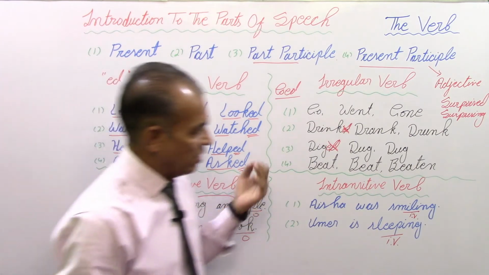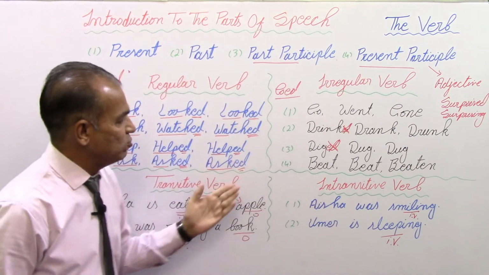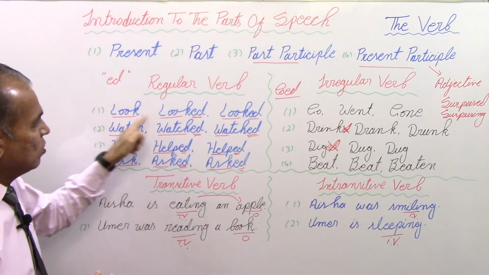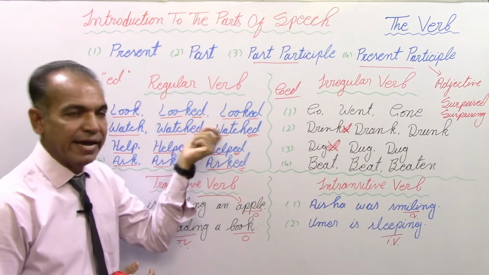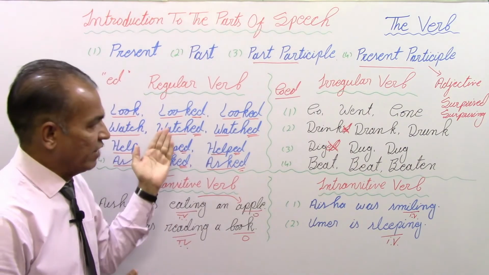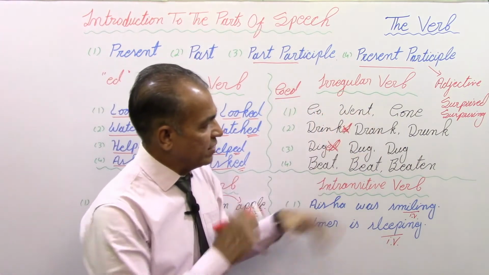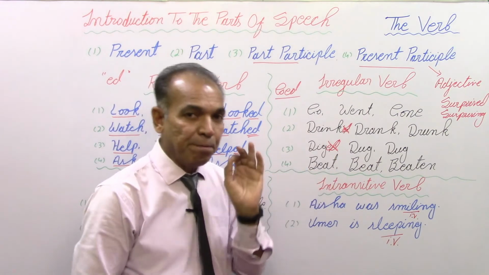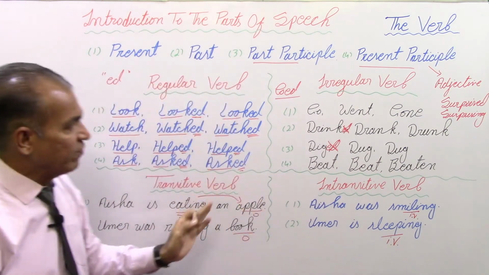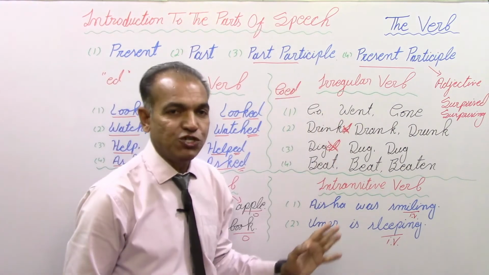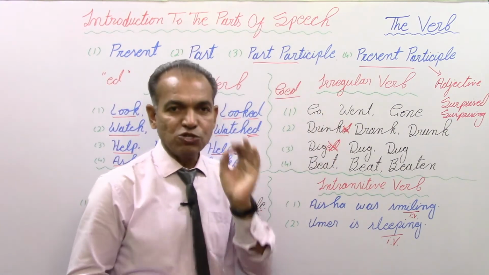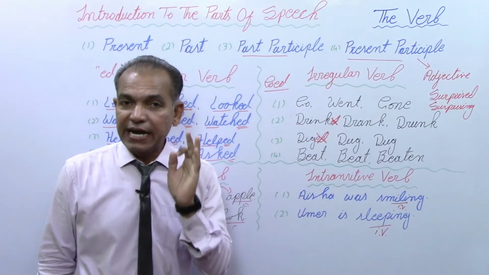There is only one other simple thing. If you want to change a verb like look into looked, there is a method: by adding ed you can change it into the second form, though there is not any fixed method for irregular verbs. But if you want to change any verb into the fourth form, there is only a simple method.